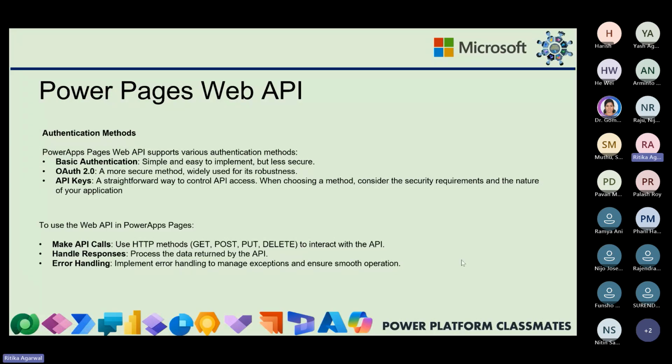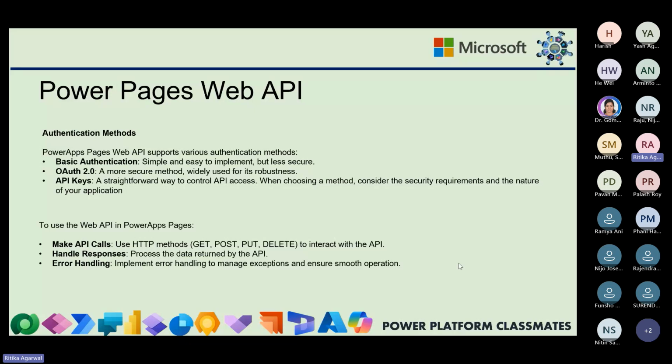Now, to use Web API in Power Pages, what are the different things you can do? In terms of operations, you have get, post, put, delete, patch, etc. If you have used any other REST API, you might be familiar with these methods. If you are not, that's okay. I can explain.